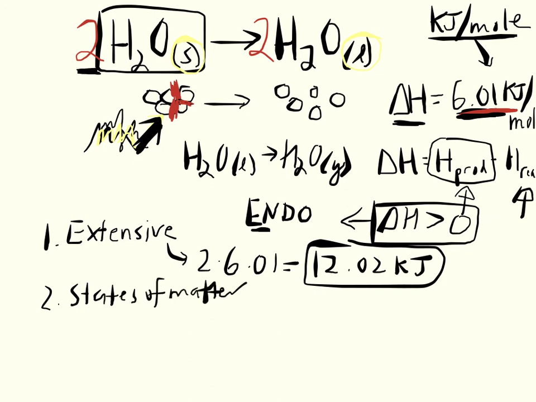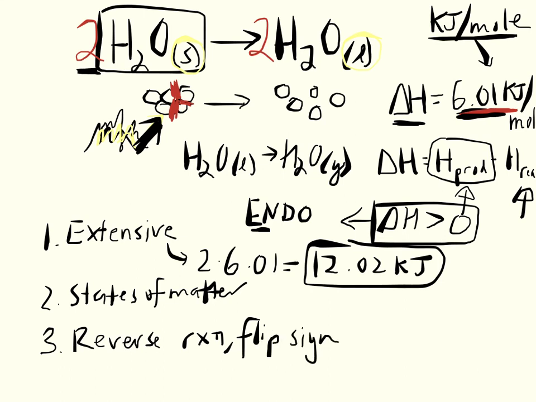The third property of enthalpy that's extremely important is that if you reverse a reaction, flip the sign. So that means if instead of solid water, solid ice, H2O solid, turning into liquid H2O, we flip that reaction around, and we had H2O liquid turning into H2O solid, the sign of the enthalpy change is going to be reversed.